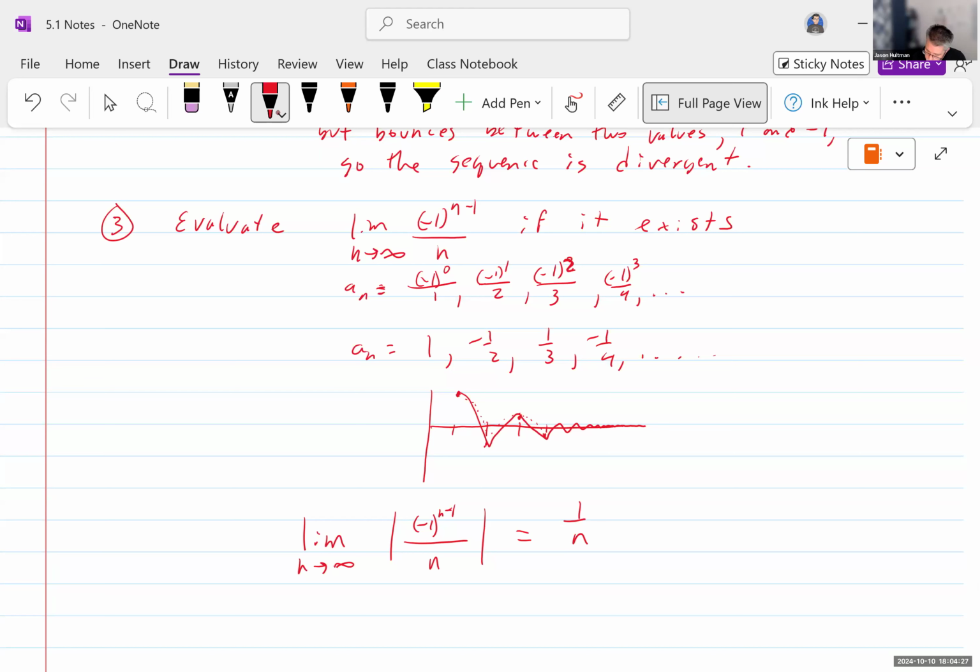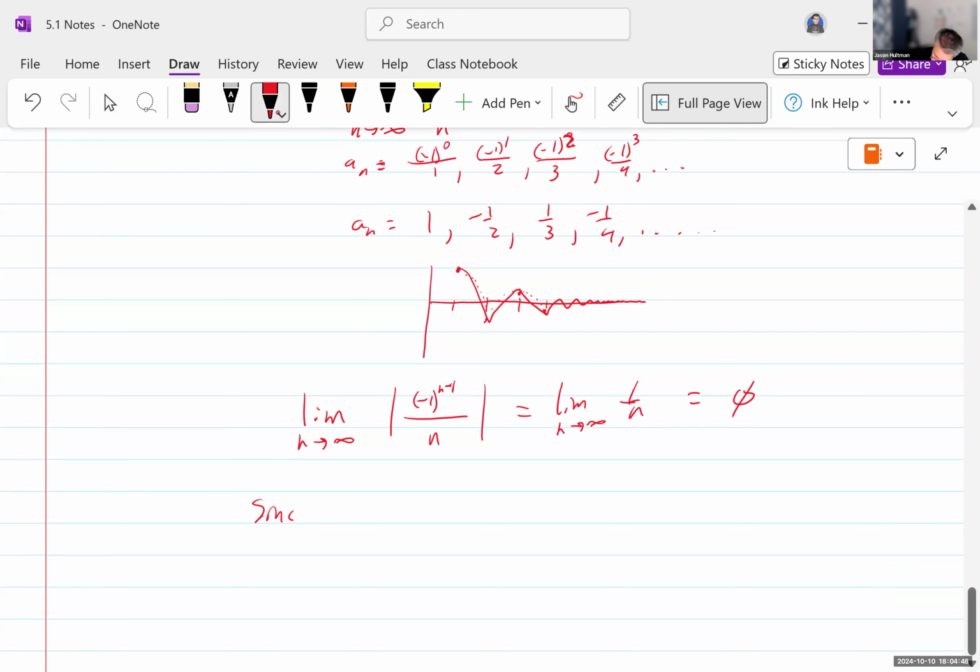So the limit as n goes to infinity of 1 over n, if we evaluate that limit, goes to 0.